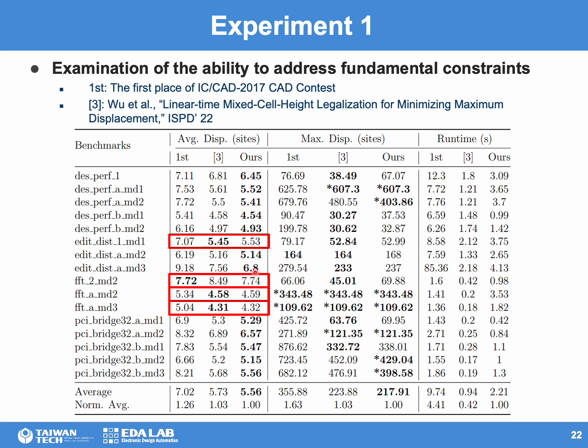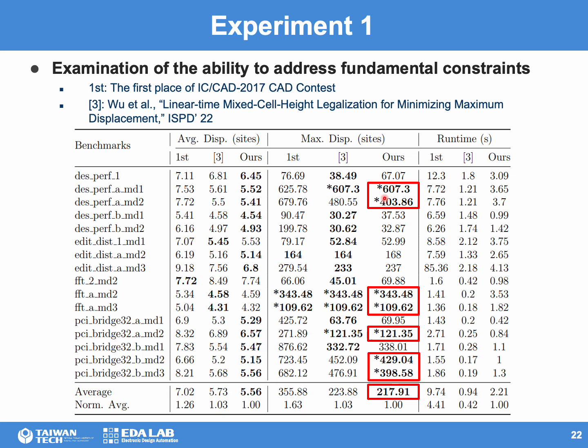Regarding the comparison of maximum displacement, asterisks denote optimal solutions. The reason why we can confirm they are optimal will be explained in the next slide. Our algorithm finds 7 optimal solutions among the 16 designs, resulting in the lowest average maximum displacement.